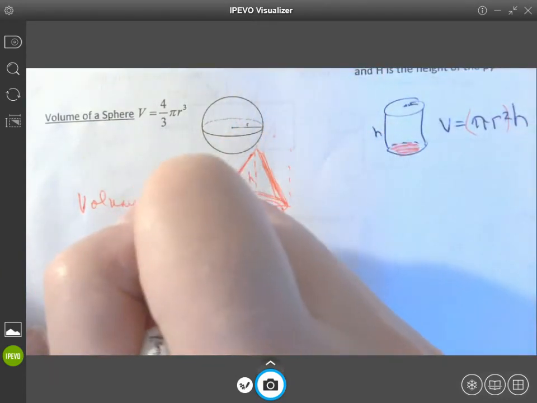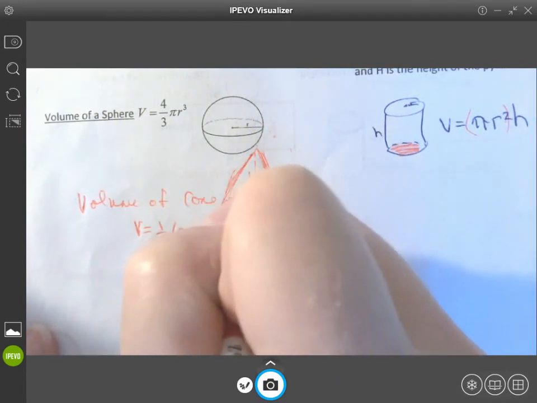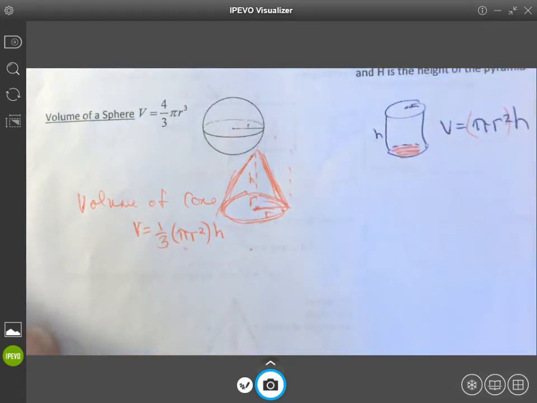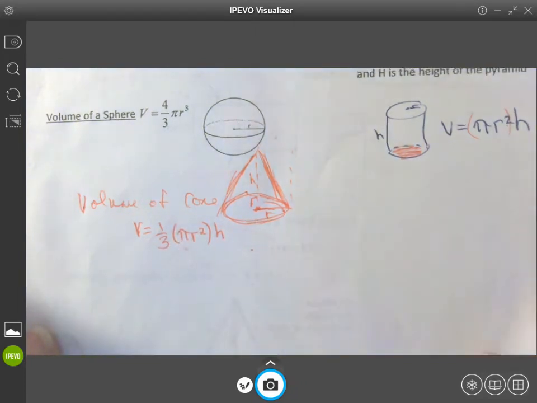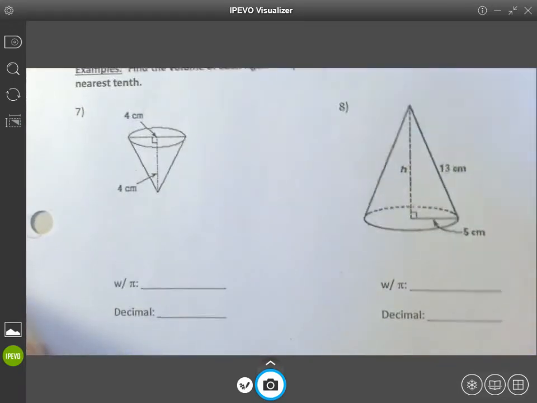And so the volume of a cone is 1/3 area of the base times the height of the figure. I'm a little embarrassed for myself. So it is the same formula as a pyramid, but instead of putting base here, we're going to be a little more specific. Okay, I'm going to take that embarrassment away and act like it never happened.